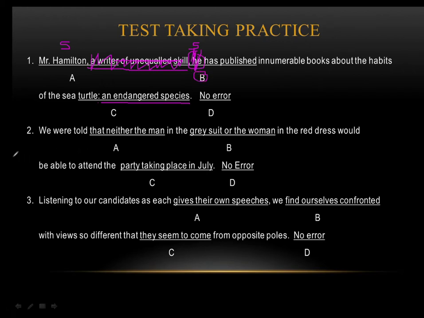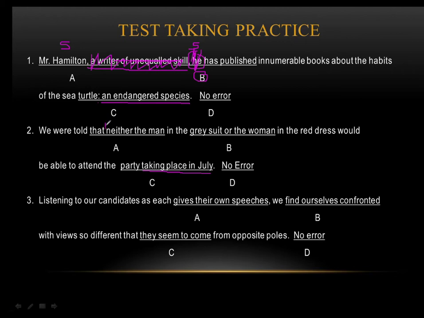Number 2, we were told that neither the man in the gray suit or the woman in the red dress would be able to attend the party taking place in July. Well, this might look like an appositive right here, but it isn't. It's a participial phrase. And it is correct as it is. So we've got neither the man, there's not anything to tell about that, it's correct. The man in the gray suit or, oh, I see a problem.